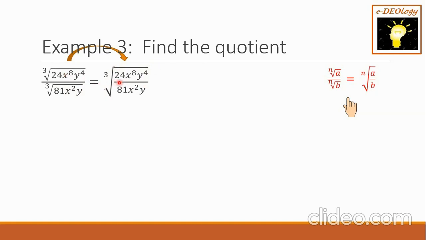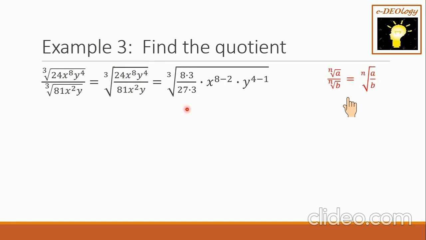The numerator will be 24x raised to 8 y to the 4th, divided by 81x squared y. And then we're going to group the numbers together, the x's together, and also the y's together.